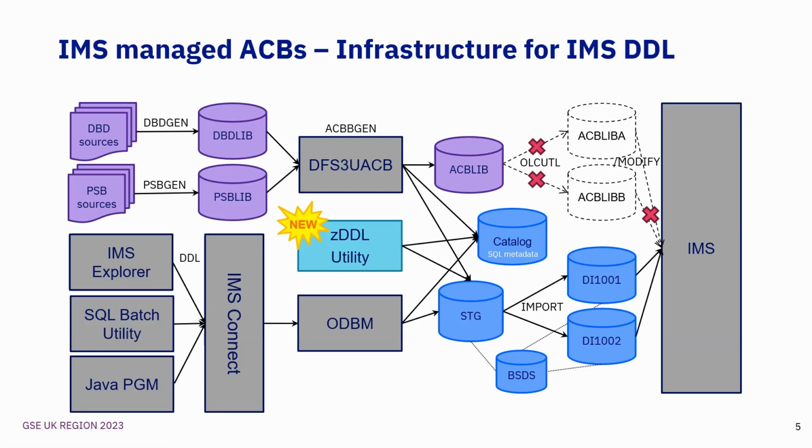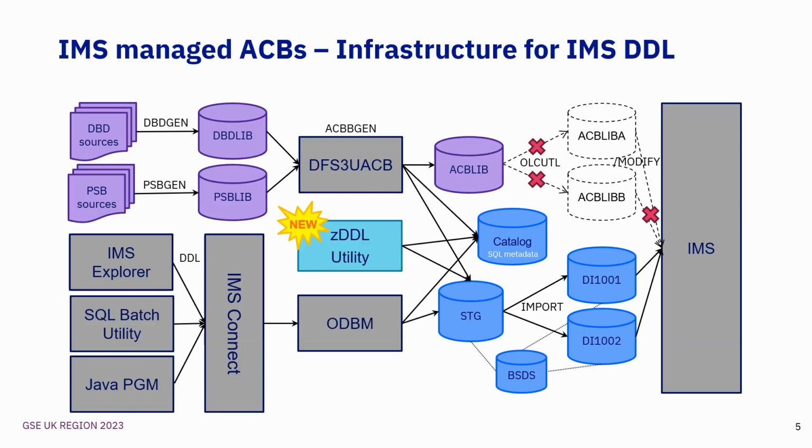So the ACB blocks are placed in the staging directory data set. And then to bring them online, we have a type 2 import command that you can use to import them or bring them into the directory data set. And that's how you do online change in an IMS managed ACBs environment.